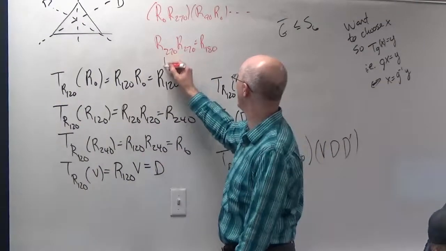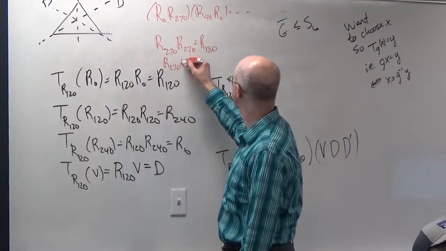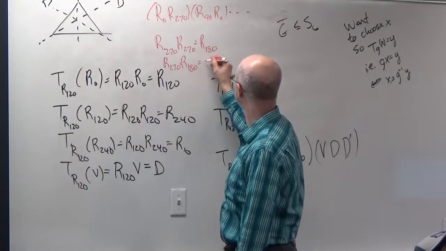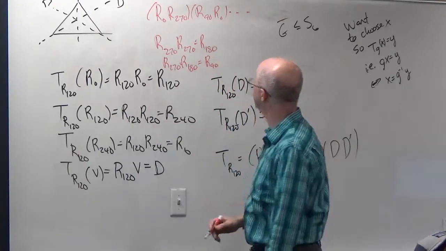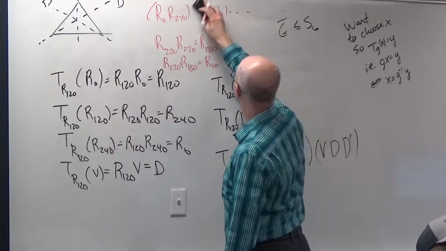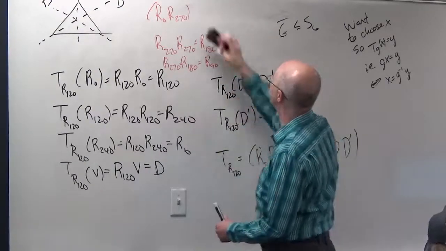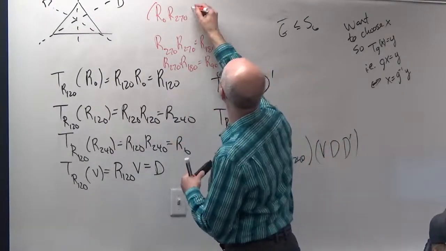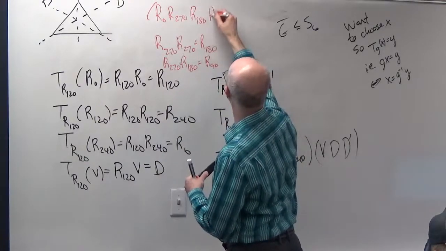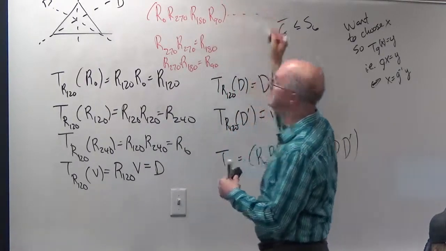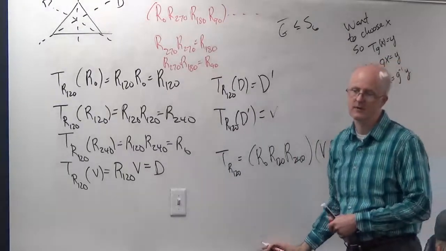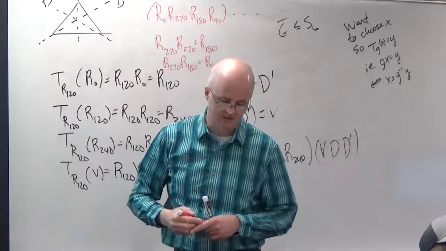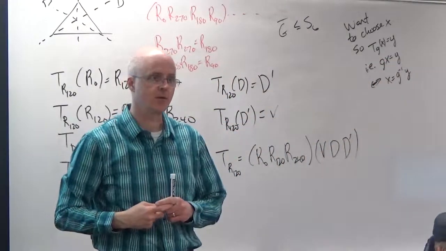And when you multiply R180 by R270, you get R90. And when you multiply R90 by R270, you get back to the identity. This should really have been written like this. It's really a 4-cycle for that part of the representation of this permutation in disjoint cycle form.